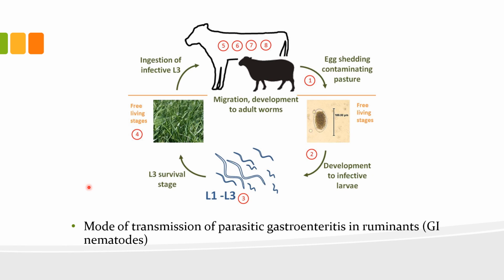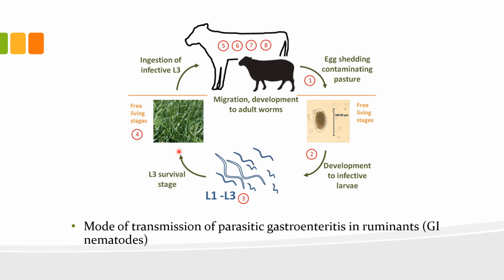This diagram shows the mode of transmission of parasitic gastroenteritis in ruminants. As you can see here, the survival stage of the L3, or the third larval stage of the parasite, happens in the environment. The infective third larval stage may climb up the vegetation and wait for the host to ingest it.